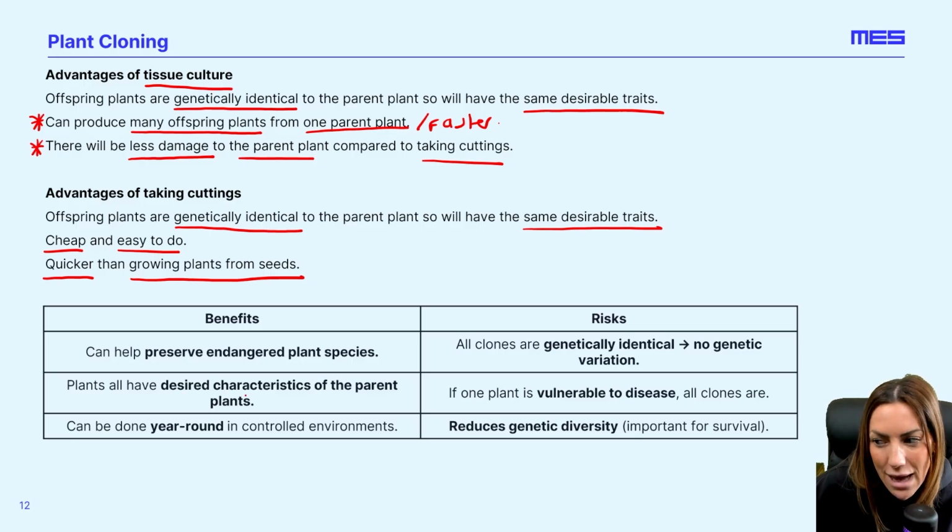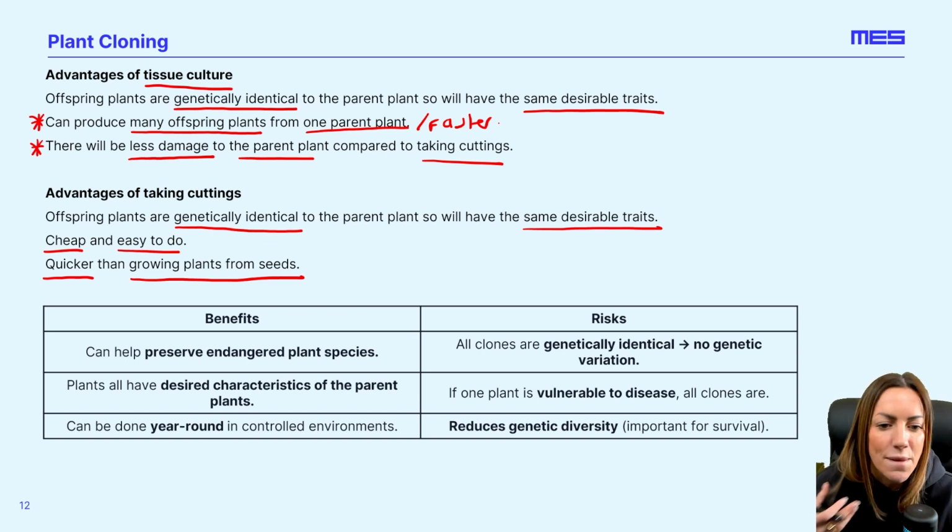With both of these methods, you're going to make sure that your offspring plants have the same desirable characteristics of the parent plant, whatever that may be. And it can be done year round, so you're not reliant on the seasons. You don't have to wait until spring when the temperature's warmer or there's a greater light intensity. You could do this year round if you provide the optimum conditions for the growth of your plants.